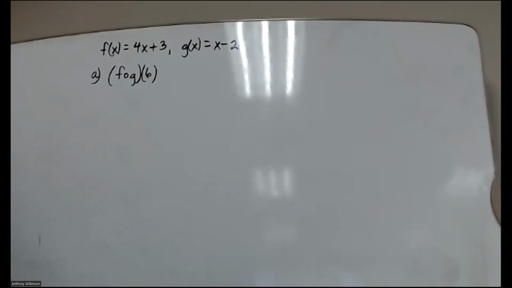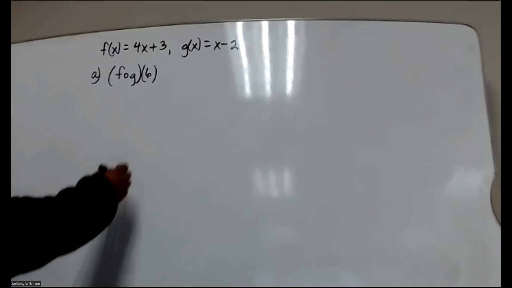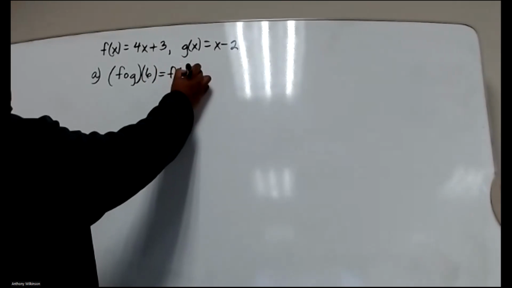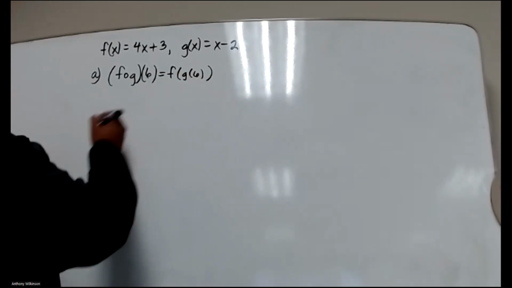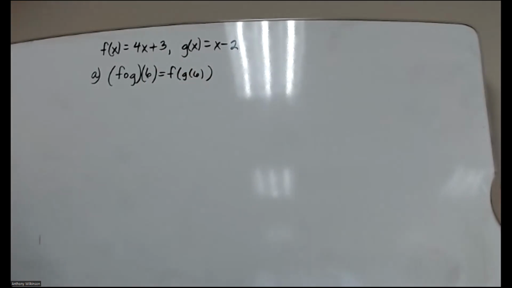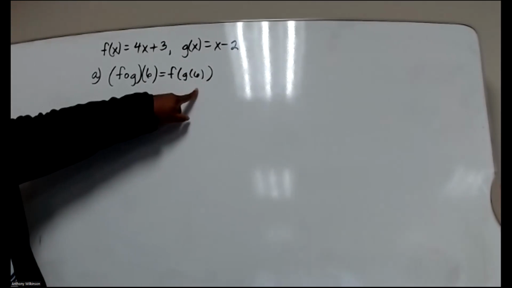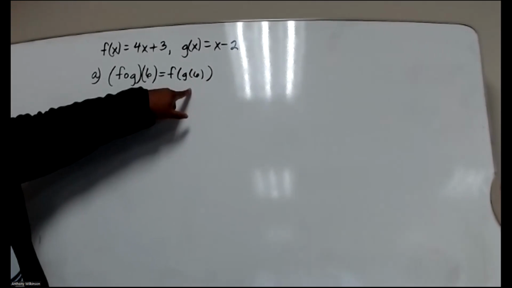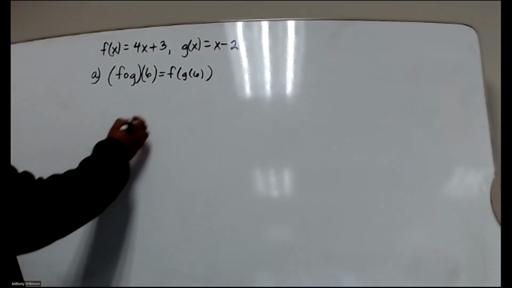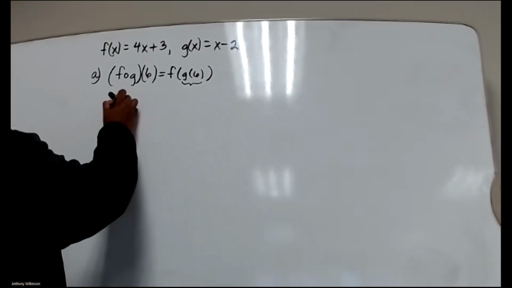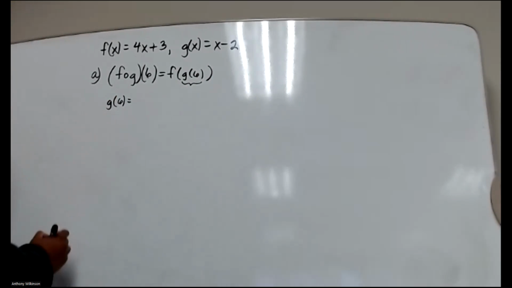The composition of f with g of 6, written like this, does mean f of g of 6. That's what that means. Here your inside function is g of 6, so we start with what's on the inside. We need to find out what g of 6 is going to be.